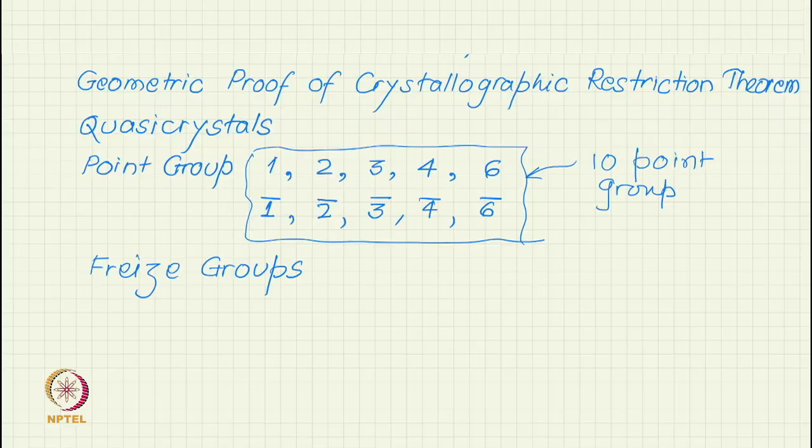So, these 10 symbols 1 to 6 and 1 bar to 6 bar represent 10 different point groups out of 32 3 dimensional point groups. So, you have already now met 10 point groups.